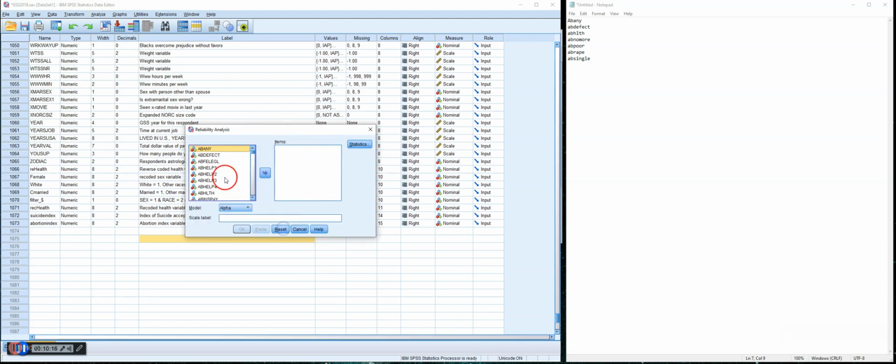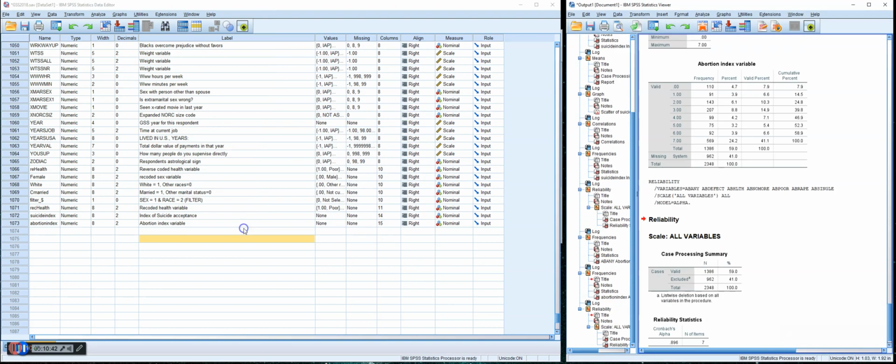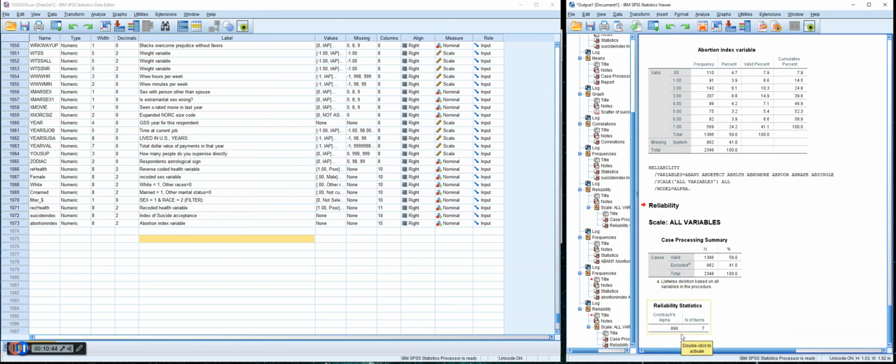In this case, we need to put in all the variables: AB any, AB defect, AB health, AB no more, AB poor, AB rape, AB single. So 1, 2, 3, 4, 5, 6, 7. Okay, alpha statistics. All right, so the Cronbach alpha.